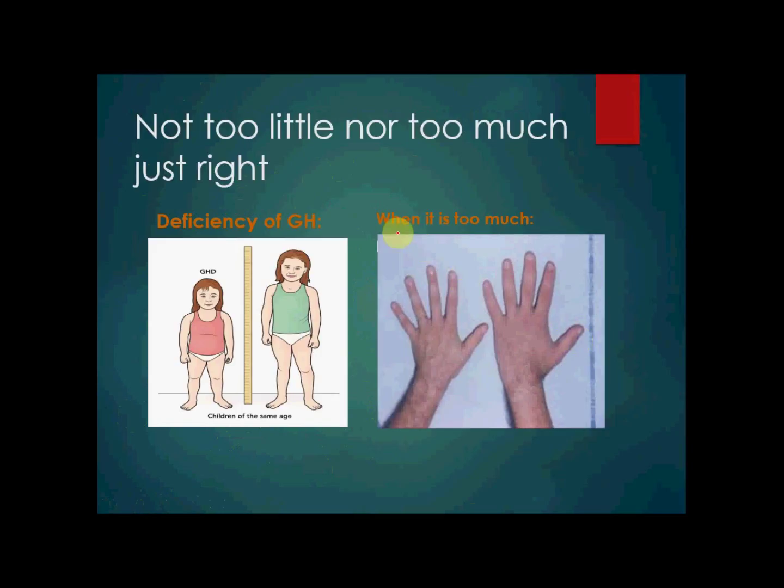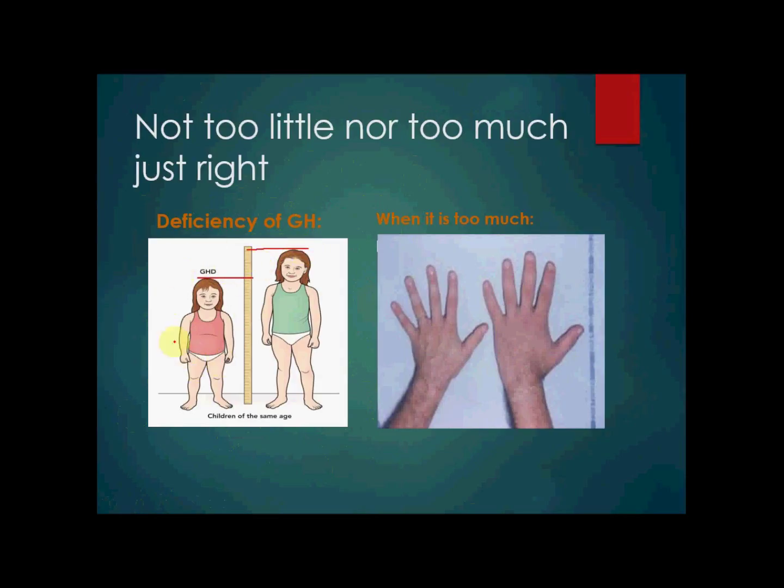Now, again, for anything in principles of endocrinology, we must say that every hormone must be in adequate amount, not too little nor too much, just right. So deficiency of growth hormone would result in this image that we see here. As you can see, the normal height of this child is less than this child.